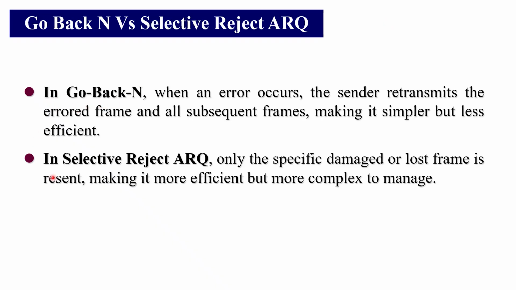However, selective reject ARQ requires greater complexity. The receiver must have enough memory to store and reorder the frames, while the sender needs extra logic to identify and resend only specific frames. This makes the system more expensive and harder to implement.